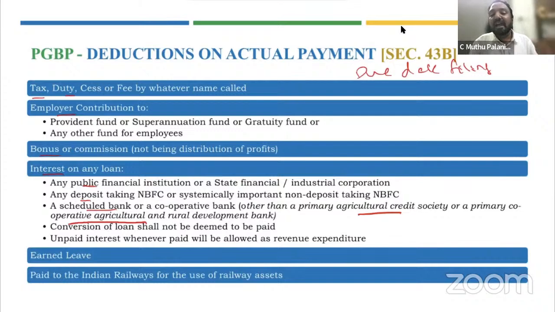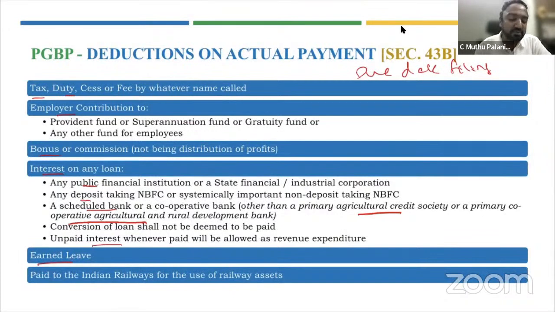Now the bank says, I'm giving you an opportunity: I will convert this 25 lakhs of interest into a loan. This conversion is not payment, but subsequently, when that interest is paid, it will be considered as revenue expenditure. So one good example is the COVID period interest that got converted into a loan.